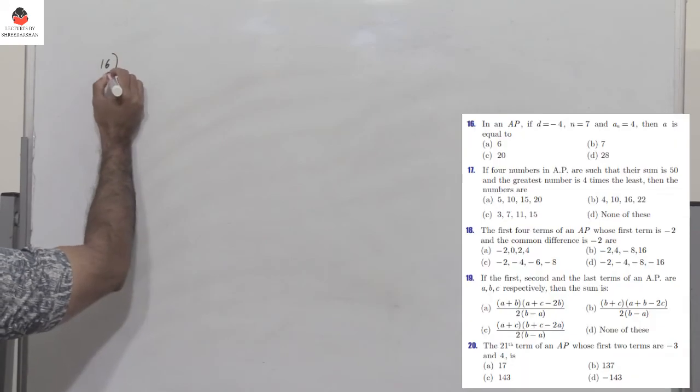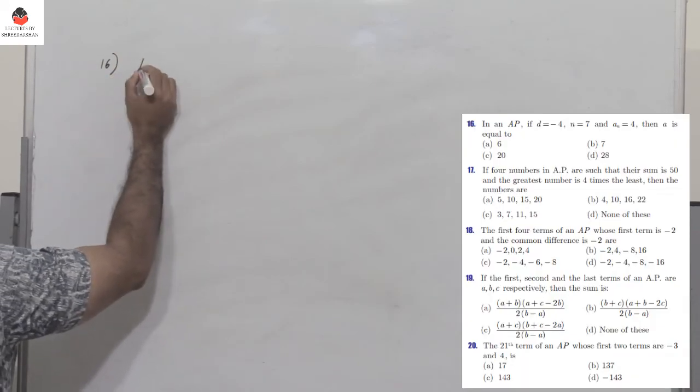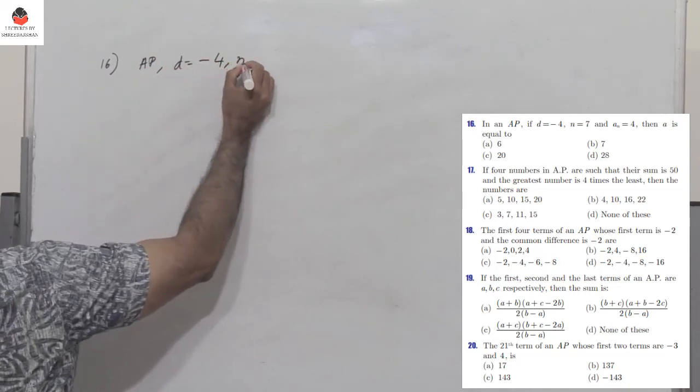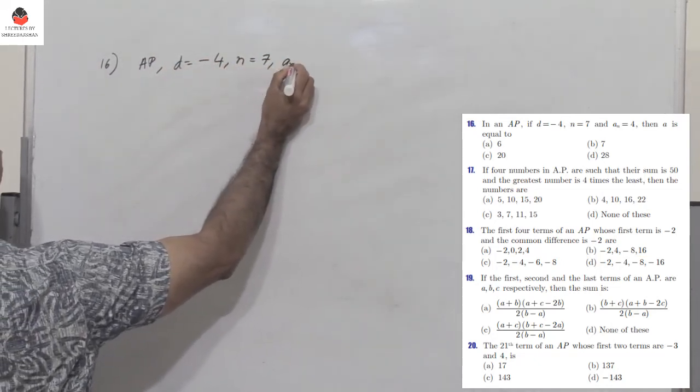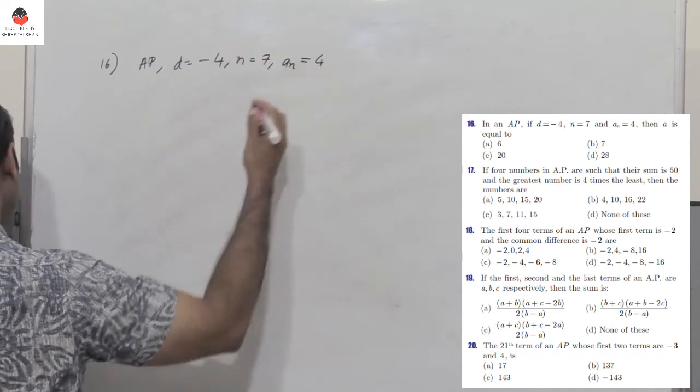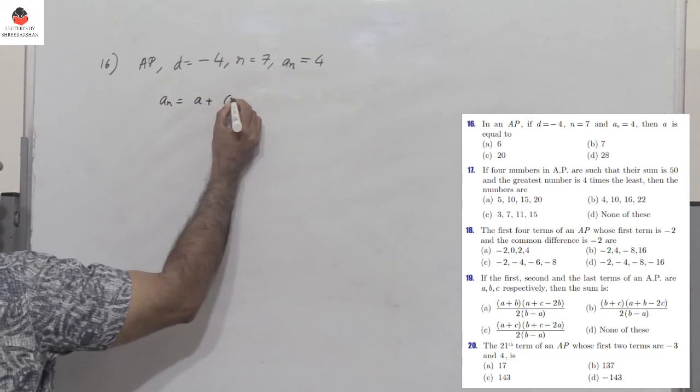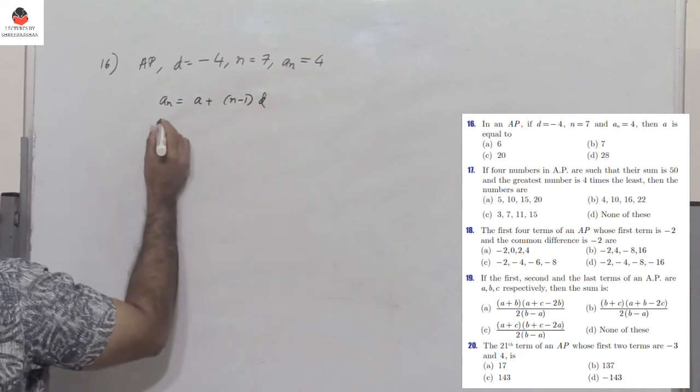So 16th one. In an arithmetic progression, d is minus 4, n is 7, an equals 4. Then what is a equal to? So we know that an equals a plus (n minus 1) into d. A very straightforward problem.